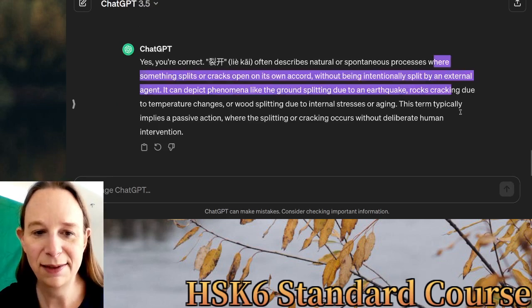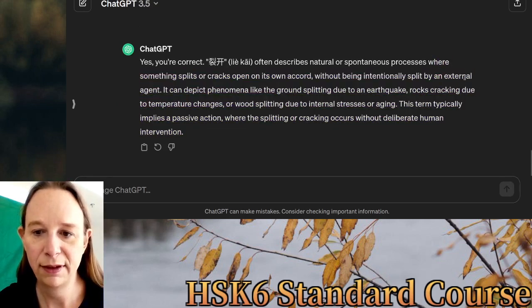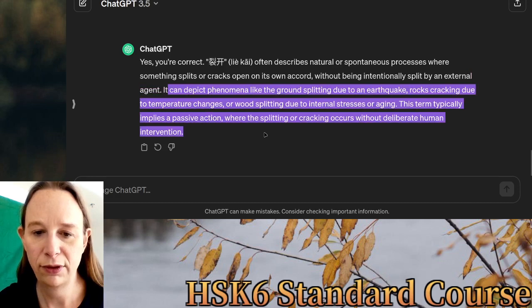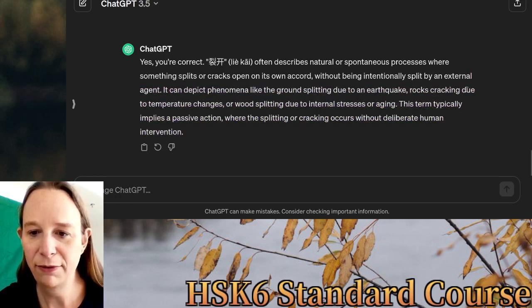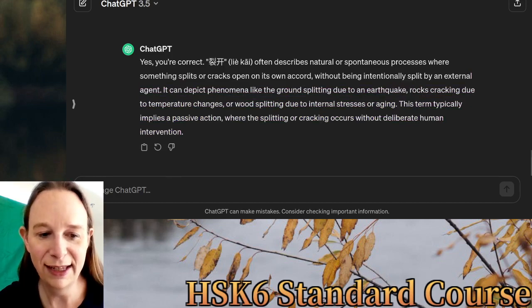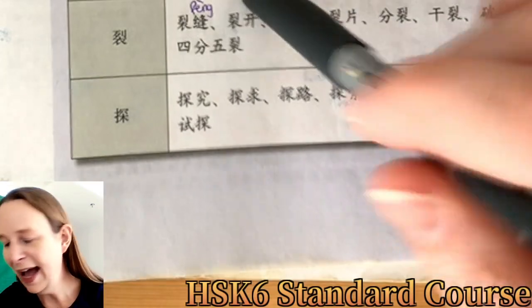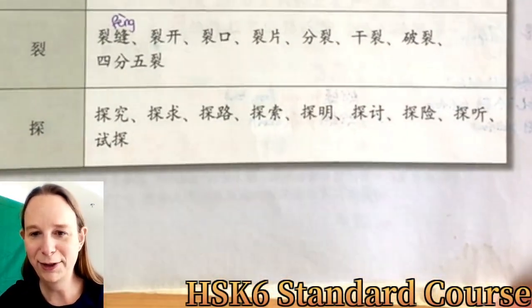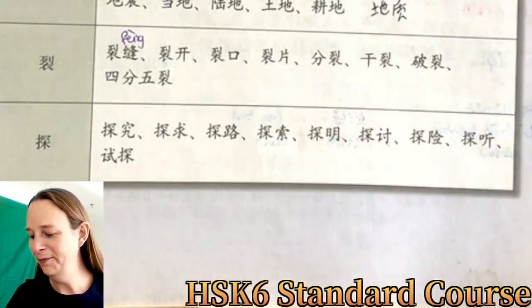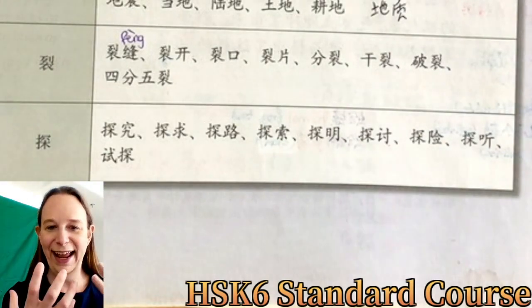Natural or spontaneous process. Earthquake, rocks cracking due to temperature change, wood splitting. Okay, so all right, so we learned something. So 裂开 is splitting during spontaneous splitting. So you don't use it to split an egg.